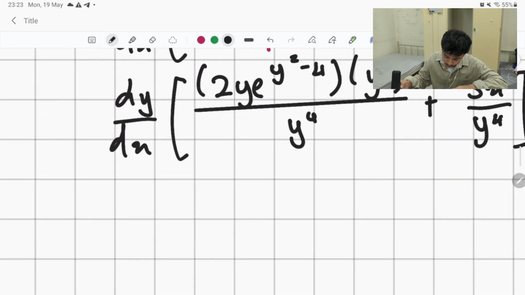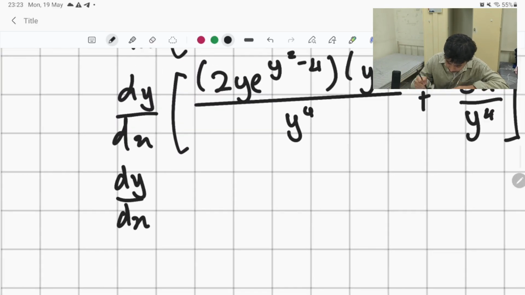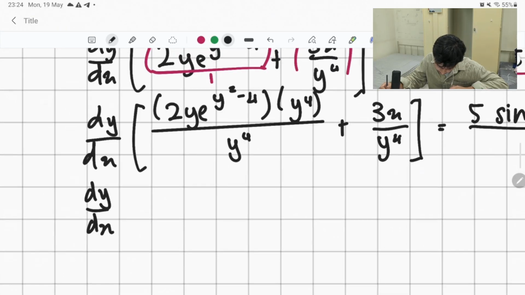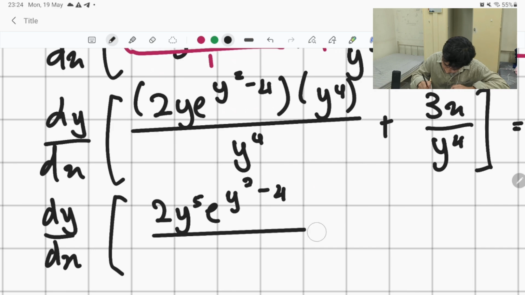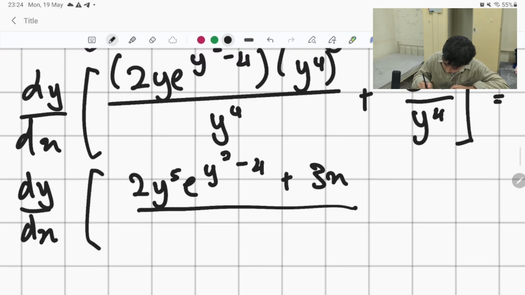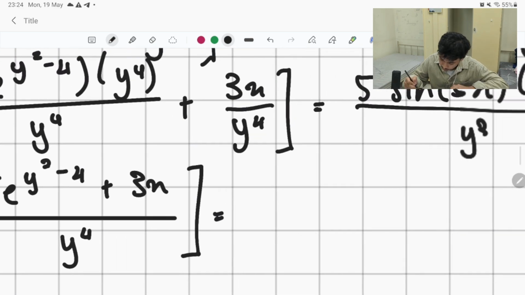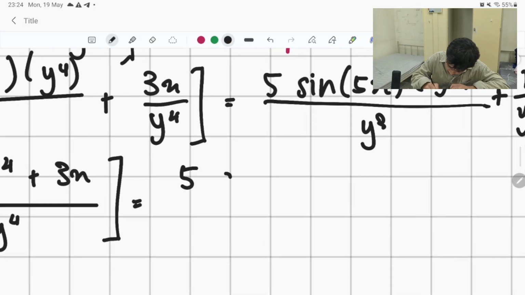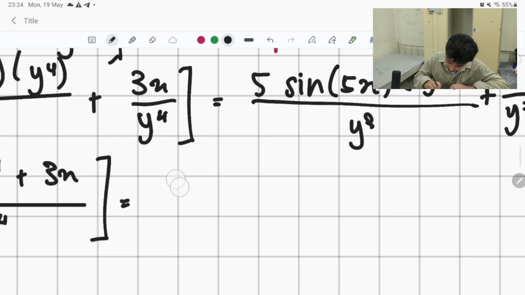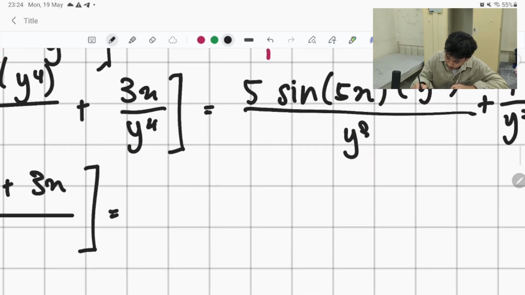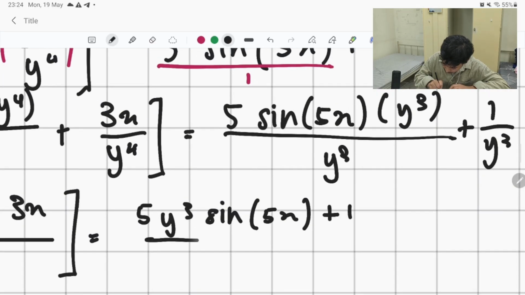To simplify the whole equation, we got 2y e to the power of y squared minus 4 over y to the power of 4, plus 3x over y to the power of 4, equal to 5 sin 5x. Then we multiply with y cube, so 5y cube sin 5x plus 1 over y cube.